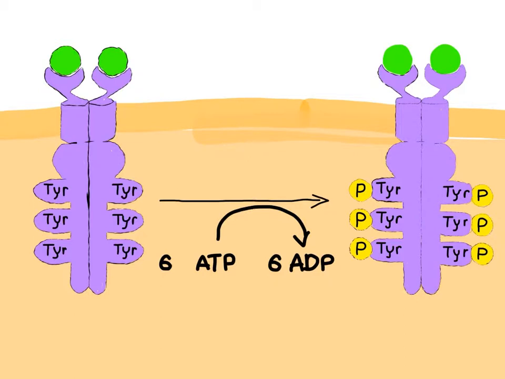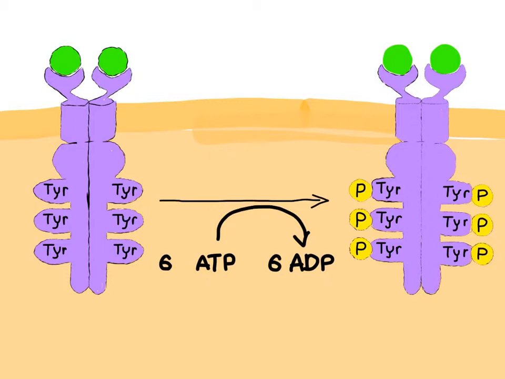Now that the dimer has been created, this is a dimer, which is two monomers that came together, so you can kind of hear it in the name. Now that the dimer is activated, it can be phosphorylated, which means to add a phosphate from a molecule such as ATP.